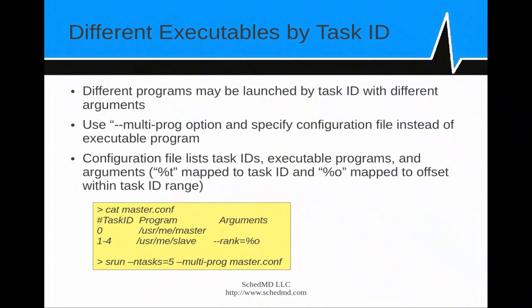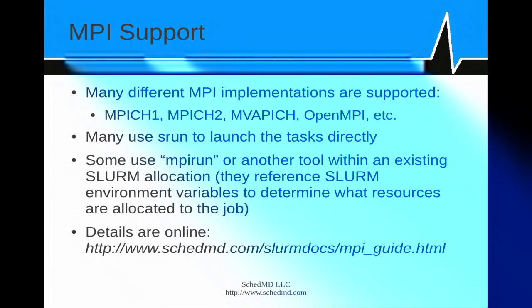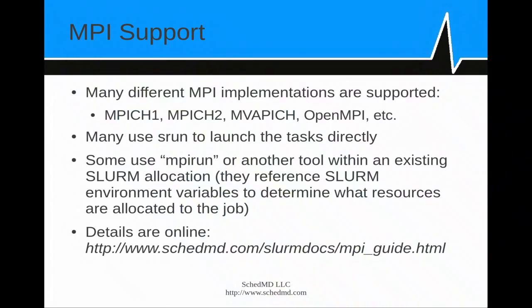Anyway, Slurm supports many different MPI implementations, and there are dozens of them available. Many use srun to launch the task directly, so you would just do srun, number of tasks, and your executable.